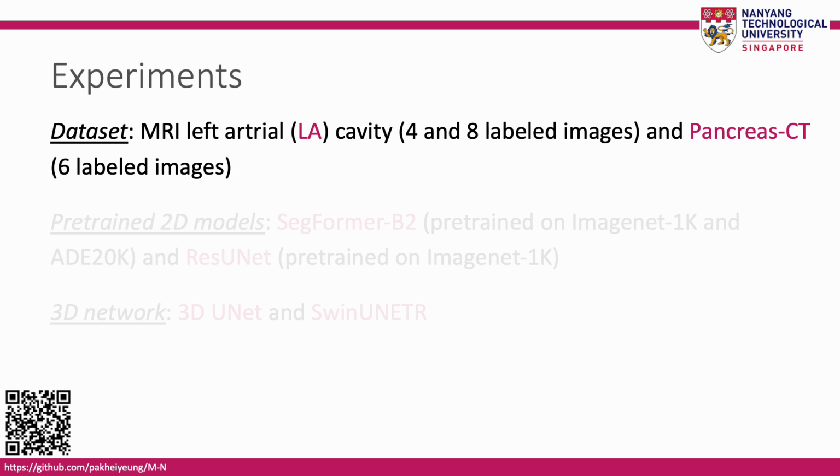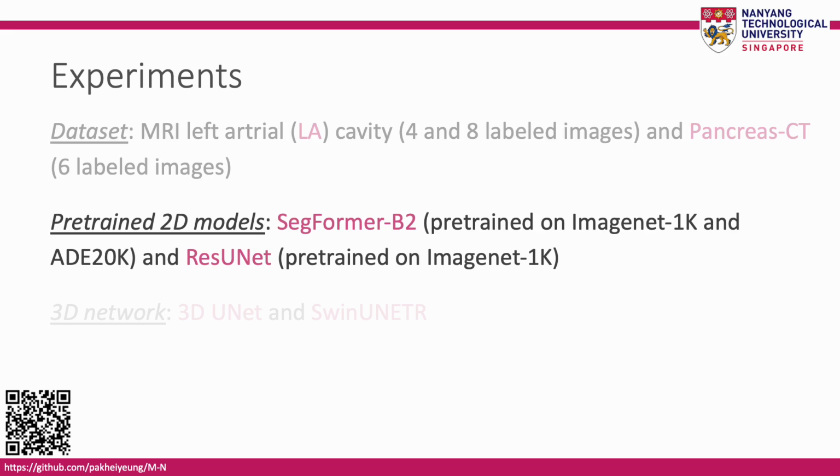We evaluated on the MICCAI LA cavity and pancreas CT datasets using different numbers of labeled data settings, which ensures that our proposed M&N works on different modalities and scenarios.